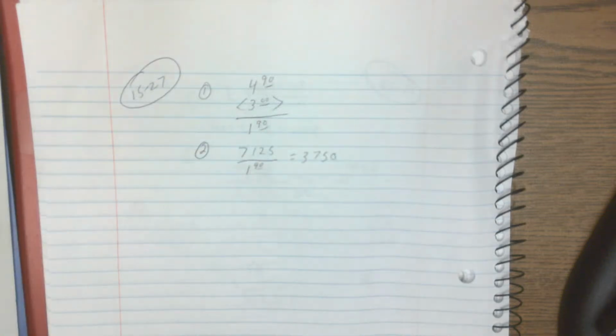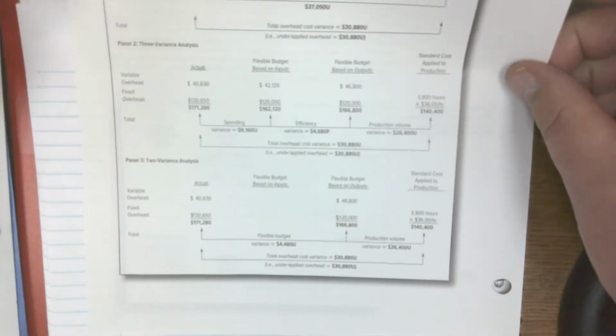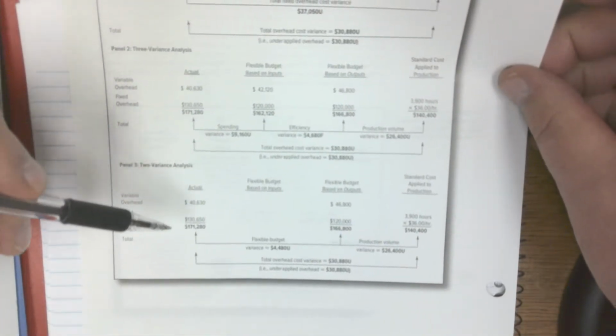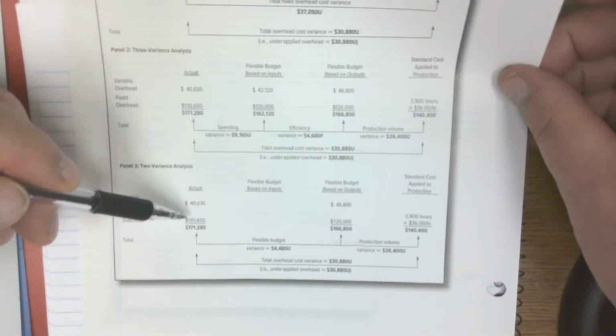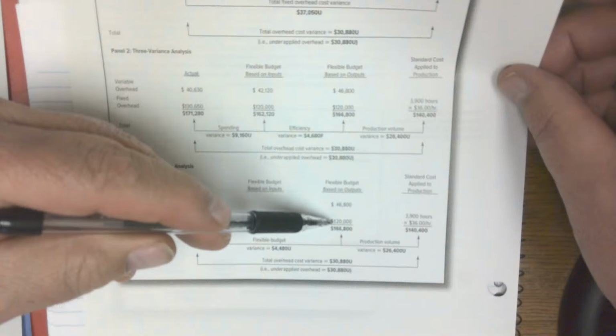Okay, and so then number three, we have three parts to number three. In a two-way analysis of variance, this is found in Exhibit 15-7 down at the bottom of the page. Notice that we add the variable and the fixed overhead together to get these totals.